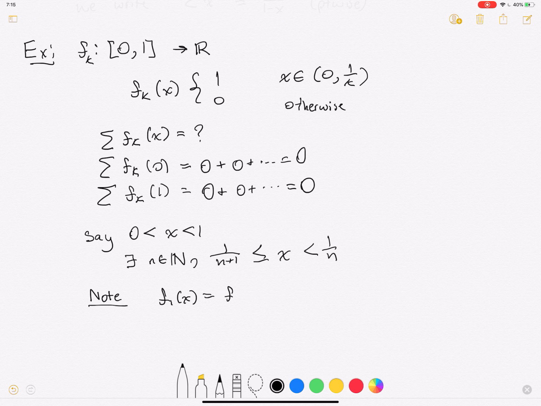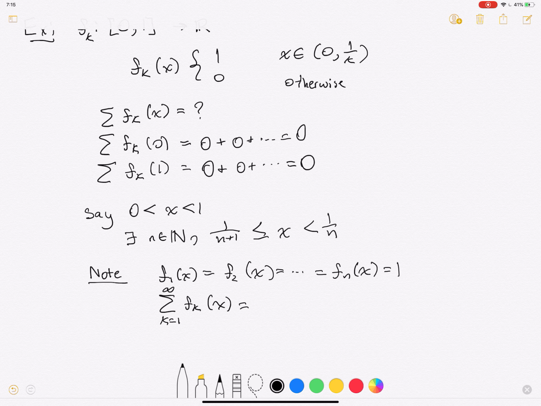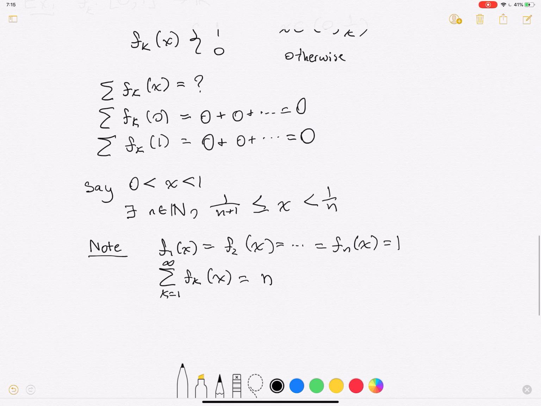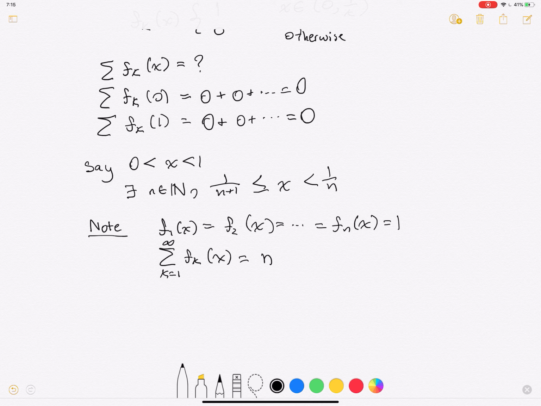So if you sum them up, you'd have n ones and then the rest 0, which would give you n. So if you look at 0 is less than x less than 1 over n plus 1, this converges to 0.